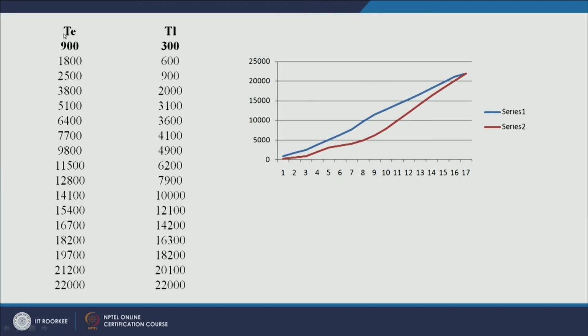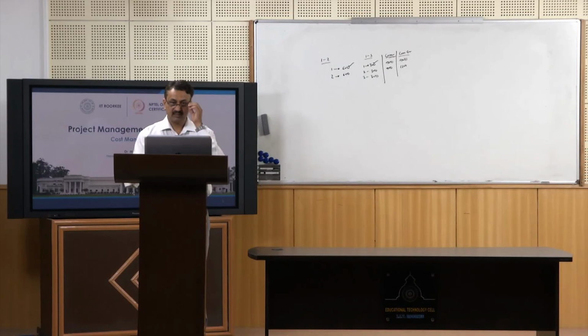If you look at these two cumulative cost curves, by earliest start time and latest start time, if you go by earliest start time, this is the cost outflow, and if you go by latest start, this is the expenditure. But at the end of the day, you will have a total cost of 22,000 in both cases. So, with this let me stop here, and we will start a new area in the next session. Thank you very much.